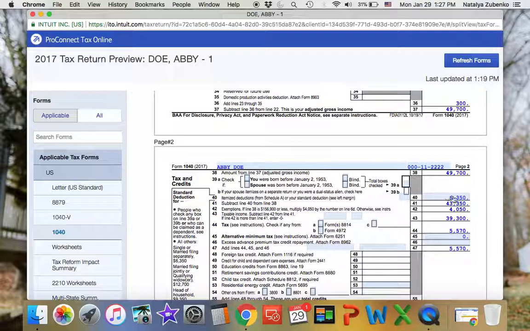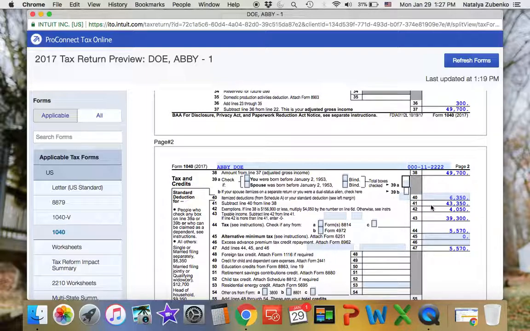Okay. Then what you get down here is, if you look at line 40, it says itemized deductions or standard deduction. For the most part, if you're single, the standard deduction that you get is just a flat dollar amount of $6,350.